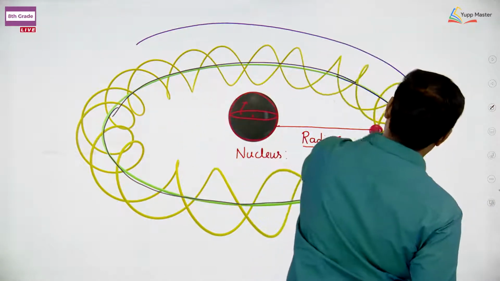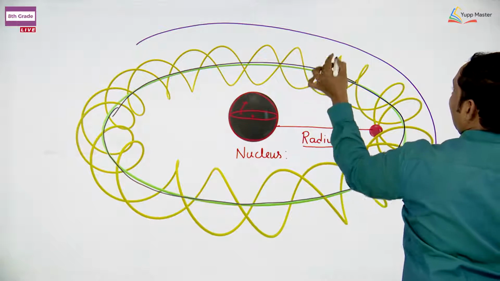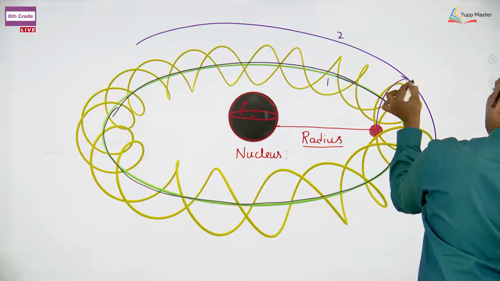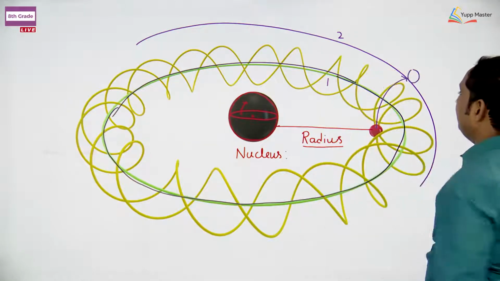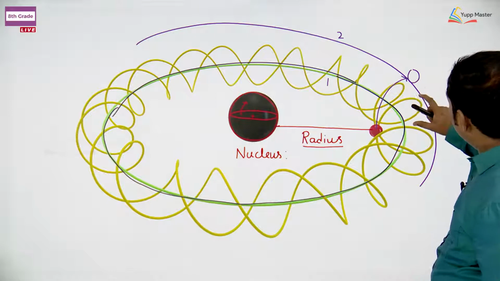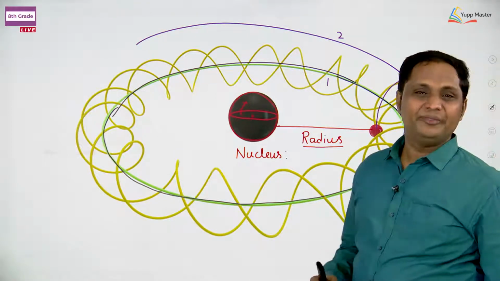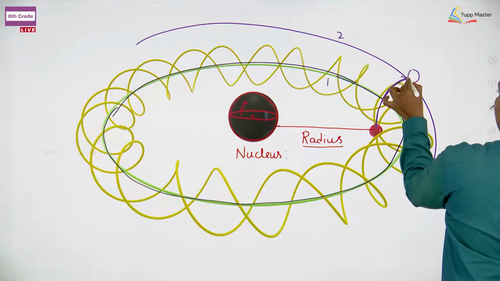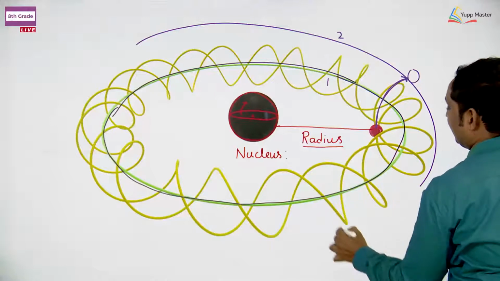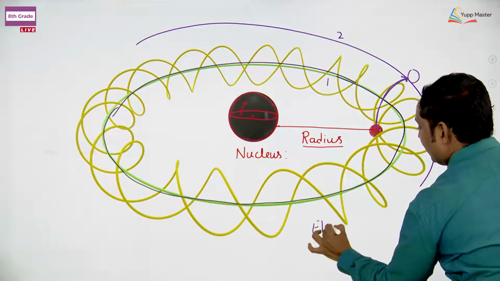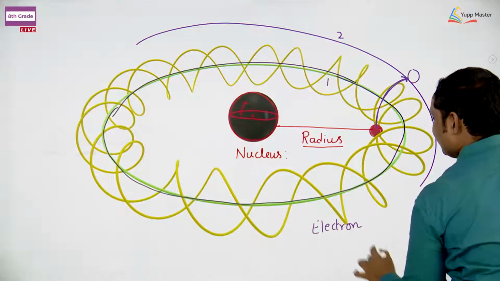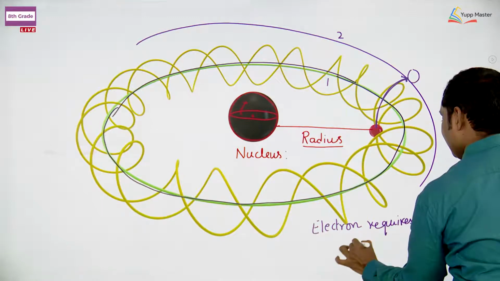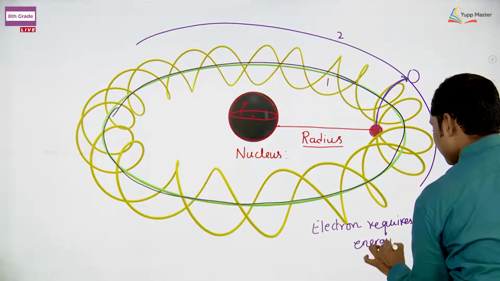If this electron is going to excite from first orbit to second orbit, let us assume, it needs some amount of energy. So in order to jump from one orbit to another orbit, electron requires energy. It's very clear.